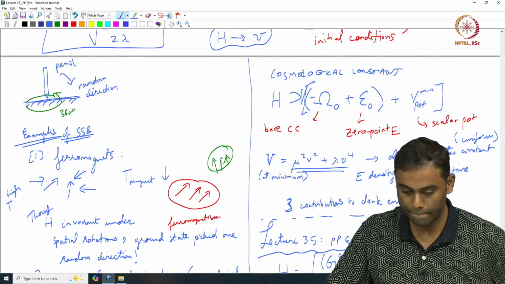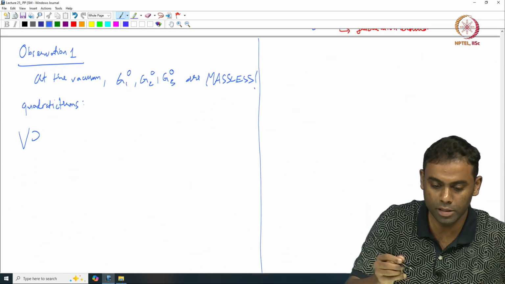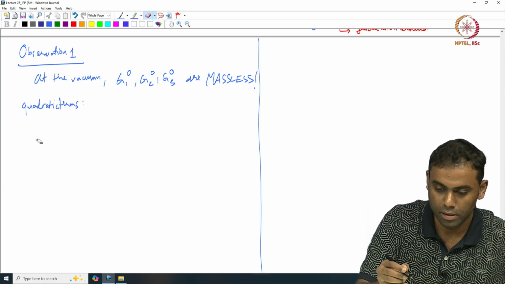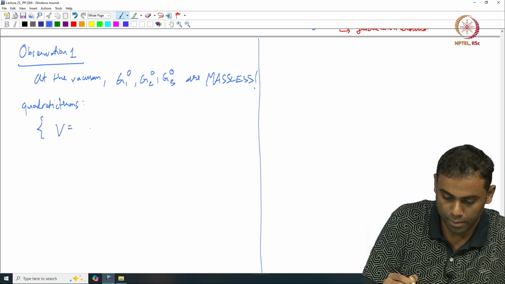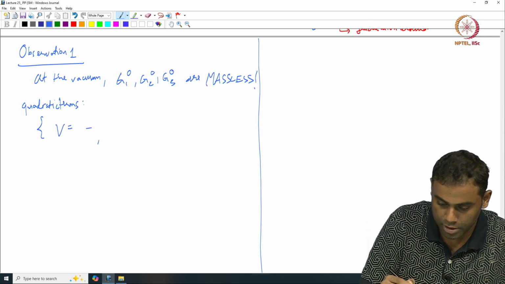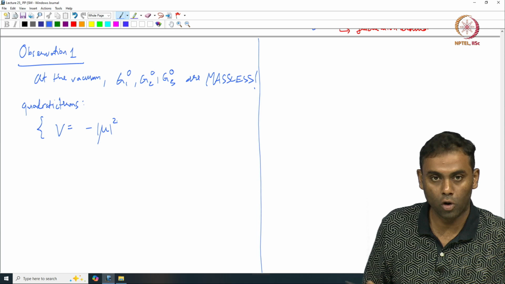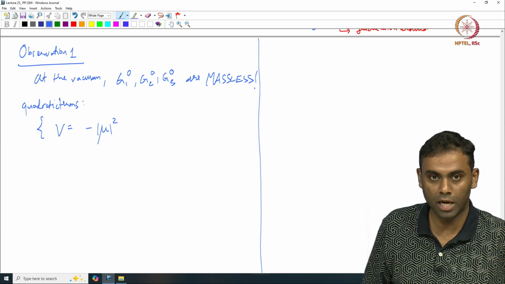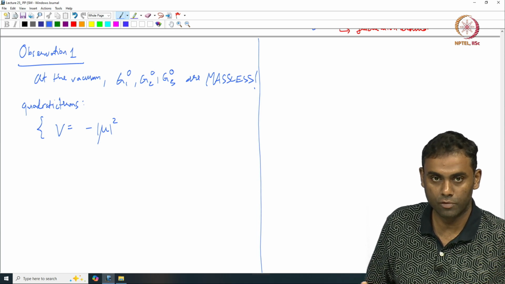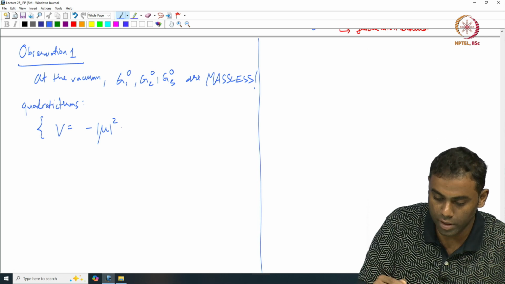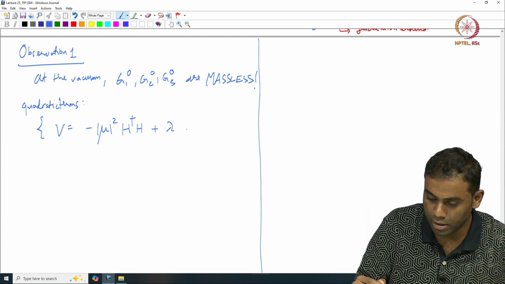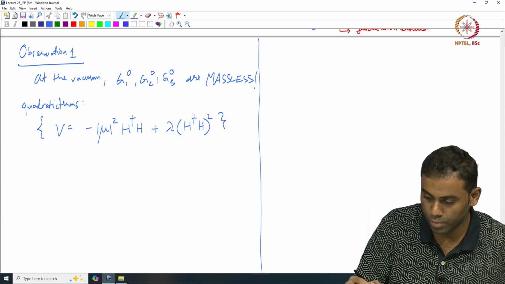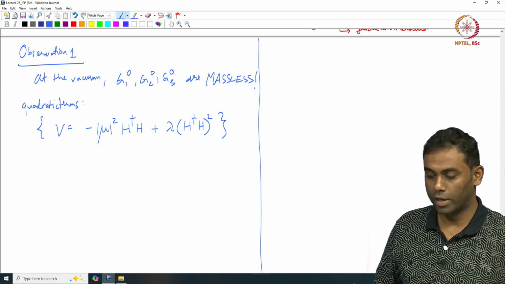Let us go back here, let us look at the potential. So, or let me just write the potential here for being self contained. Okay, so here is the potential, this is, I am going to write this explicitly now as minus mod mu squared. Earlier we just had mu squared, right, but we know now mu square is negative. So, I am going to write it this way, minus mod mu squared h dagger h plus lambda h dagger h squared, that is the potential, no. Okay.